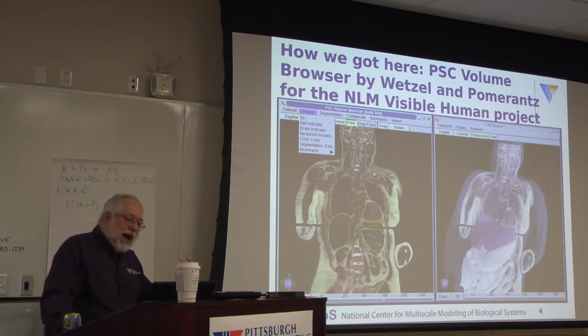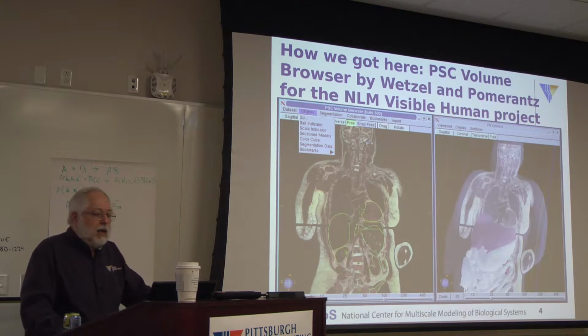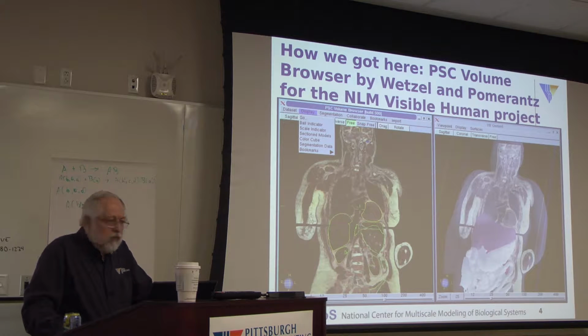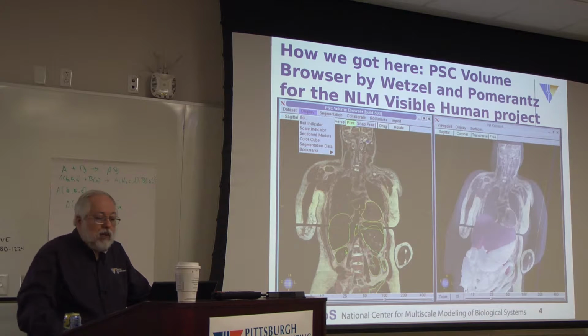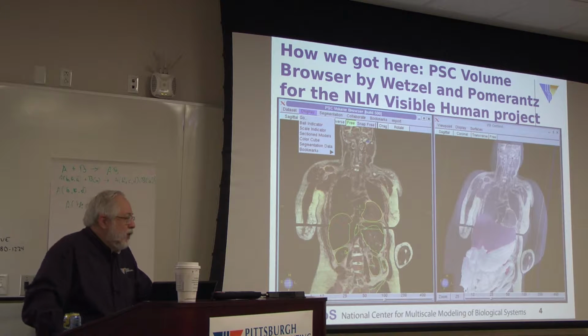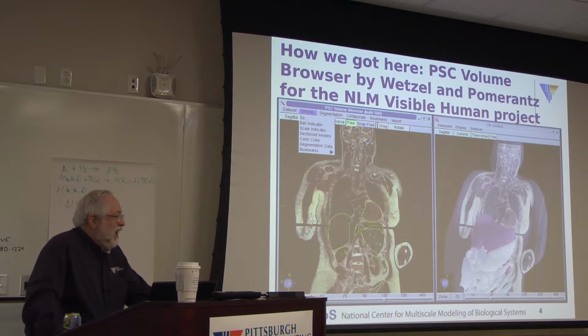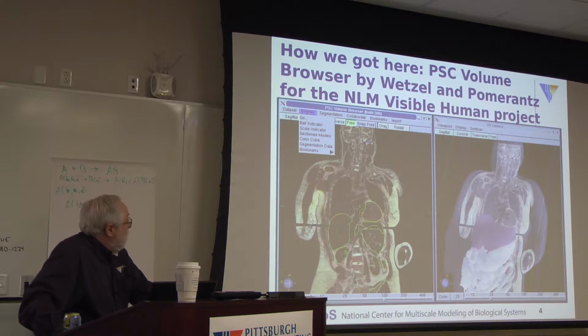So let me go back in time a little bit here and illustrate how we got here. Back in 1988, 1999, we got involved with the Visible Human Project, which at that time, the roughly 30 gigabytes that fits on your thumb drive now of data for the National Library of Medicine Visible Human was a big storage problem.